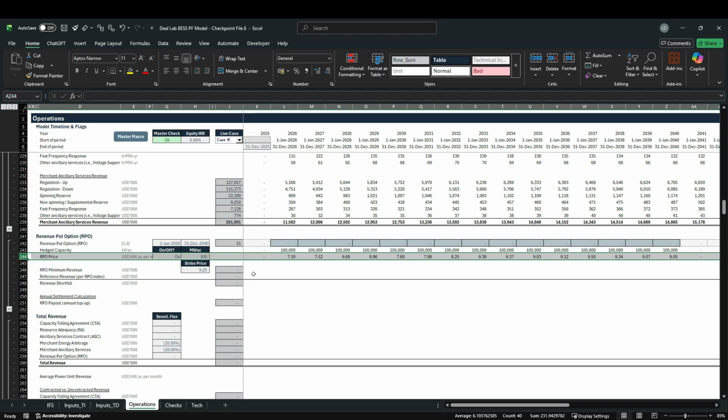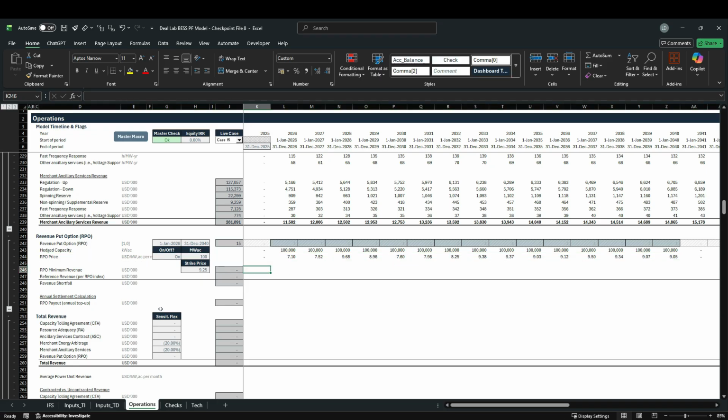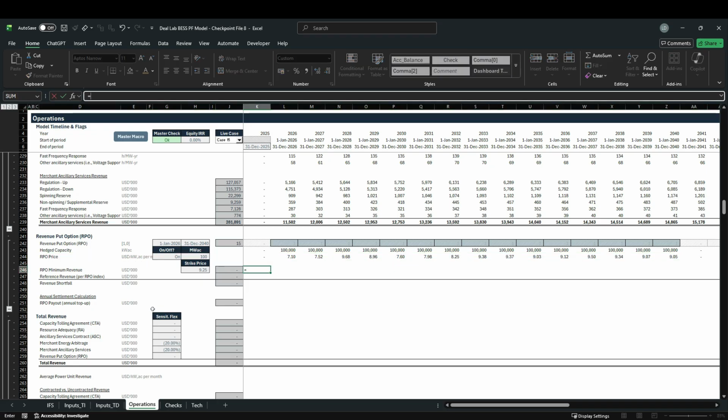But now let's implement the mechanics. And to do that, let's hop into K246. And this is going to be our strike price. So let's pick up our strike price, which we'll fully anchor with F4.